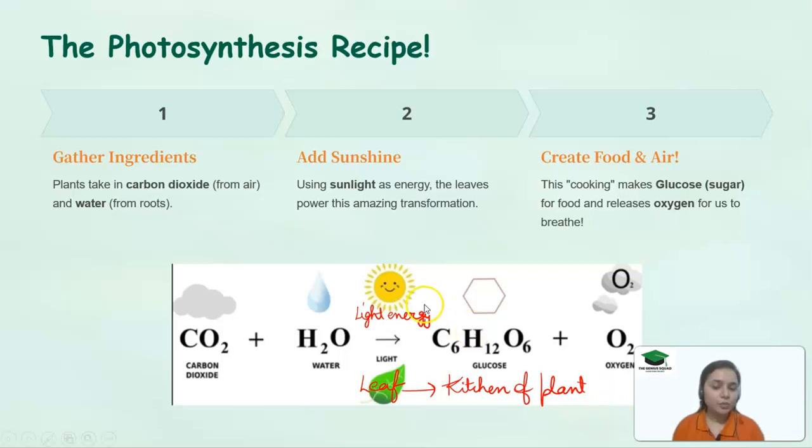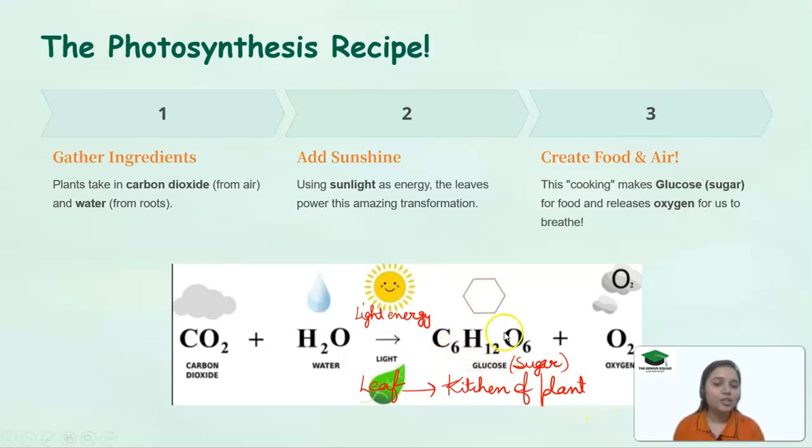So in this way, when these elements are combining in the presence of light energy, it's getting changed into food. And what is this food? This food is none other than glucose. Yes, the sugar which you eat, not the refined one, the sugar which you eat when you are low on energy. So that's called glucose.